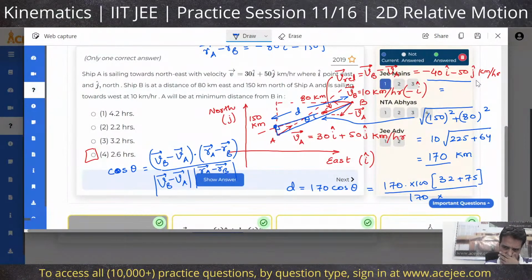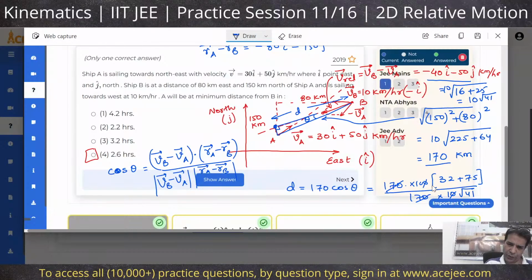How much is the VB minus VA? This is square root of 16 plus 25. So 10 root 40. Wow, these numbers are not that easy and straightforward.